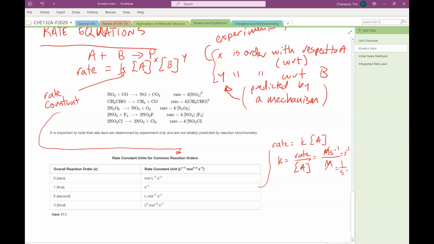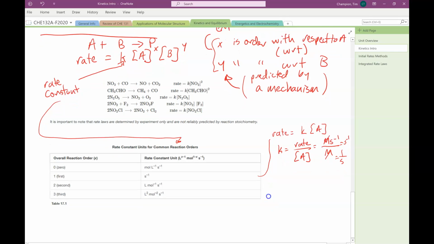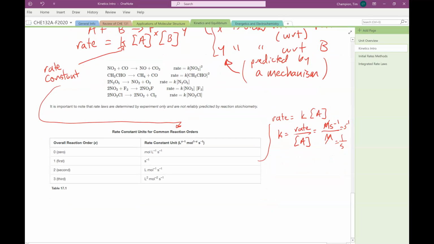A first order rate constant is always going to have the units of reciprocal seconds, seconds to the -1. You could work out all the other ones for zeroth, second, and third order reactions to get those rate constant units. You'll oftentimes be asked in problems to calculate the rate constant, and you may have to solve the rate equation this way and calculate it and get the units.